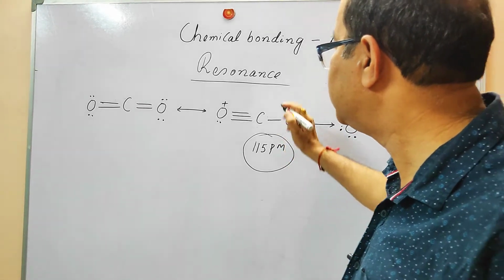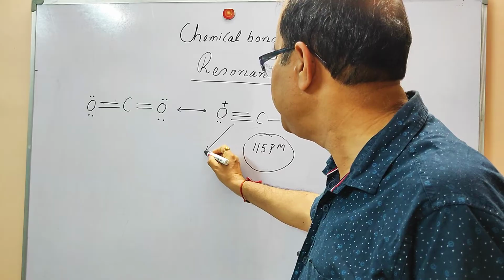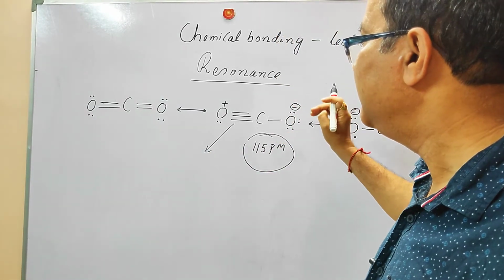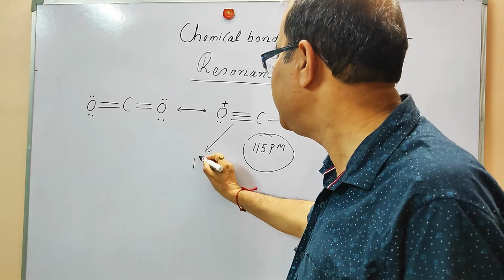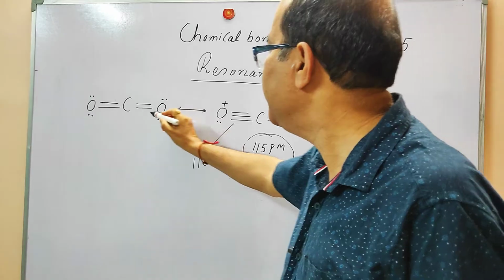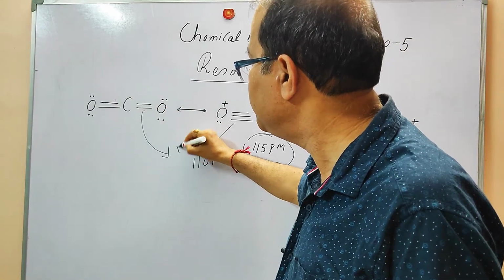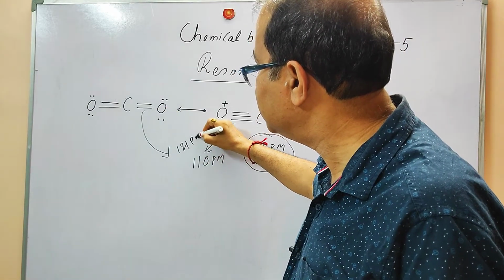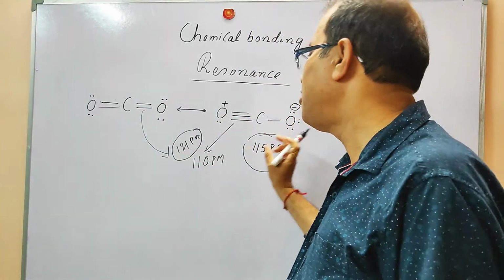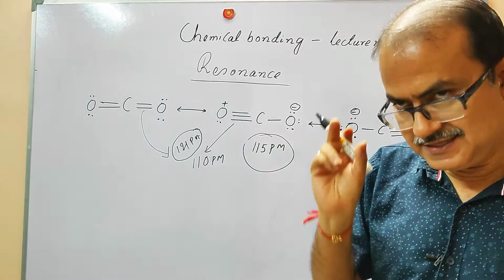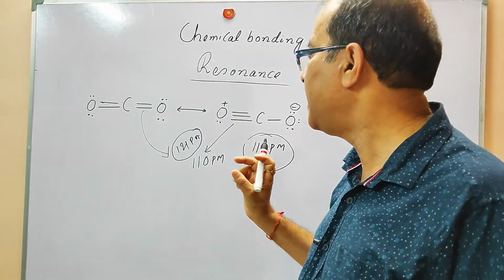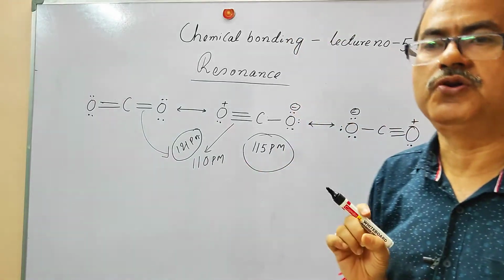It is between the double bond and the triple bond. Triple bond length is 110 pm and double bond length is 121 pm. The actual bond length is the same, exactly in between the triple bond and double bond.